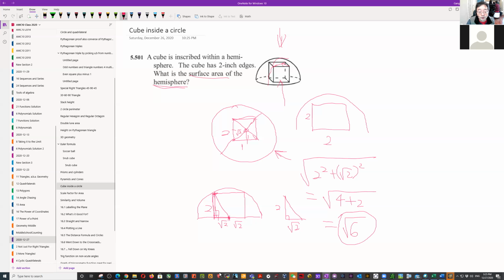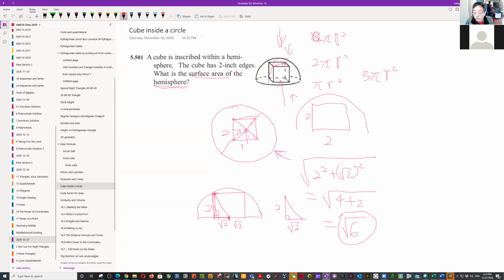So the surface area of the hemisphere is the top surface and the bottom surface. The bottom surface is just pi r squared, and the top surface is 2 pi r squared, because the full sphere is 4 pi r squared and the hemisphere is the curved half. So added together, it's going to be 3 pi r squared, and r is square root of 6.